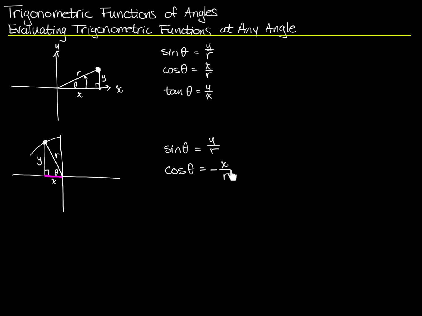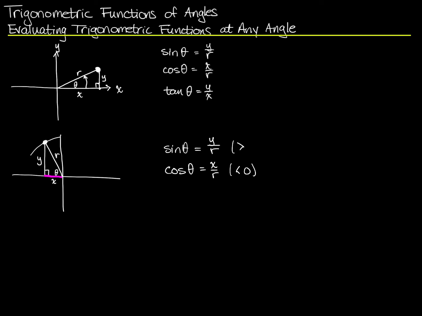If I write it like this, then I'm saying the x value is the numerical value, the absolute value, but it has to be negative. In practice, it's still x over r, but x is going to be a negative number. So it would be more accurate for me to write it this way. Cosine is x over r, and it will be less than 0.